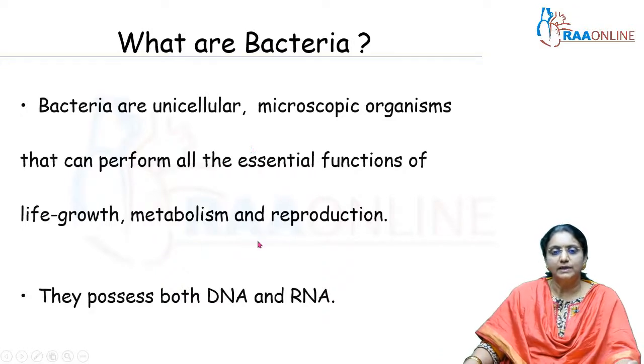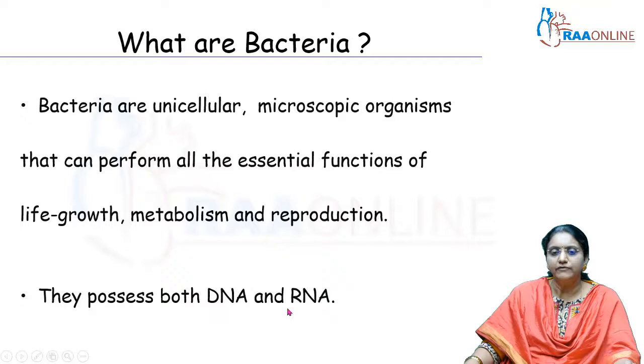We all know that in our body, we have different organ systems, each responsible for one function. You have one system for digestion, an excretory system, a central nervous system and so on. Whereas here, they are very primitive organisms. Only one cell is there, and that cell can do all these functions like growth, metabolism and reproduction.